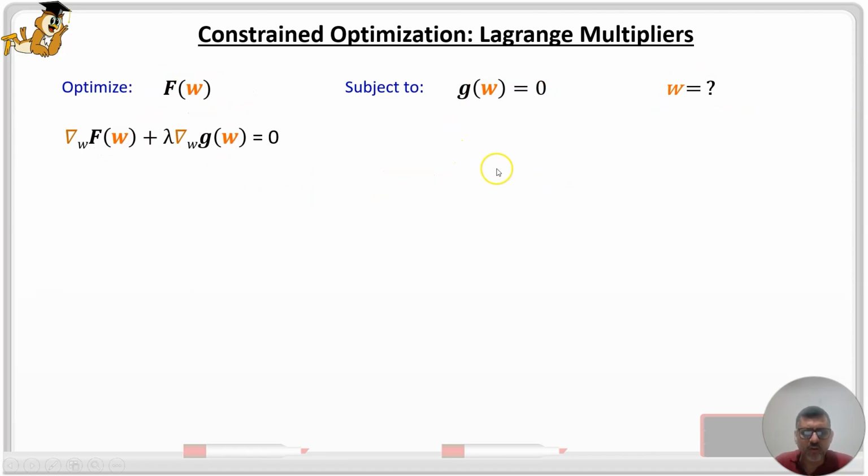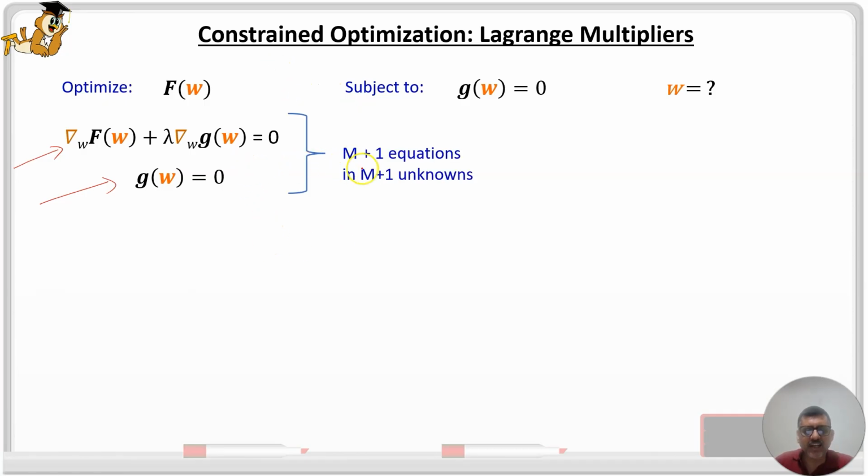Now what do we have here? We had this equation and we had this equation, which was basically the constraint, and you will notice that these are actually m plus 1 equations in m plus 1 unknowns. If the size of the vector w was m, because you have gradients, this is going to be a vector.